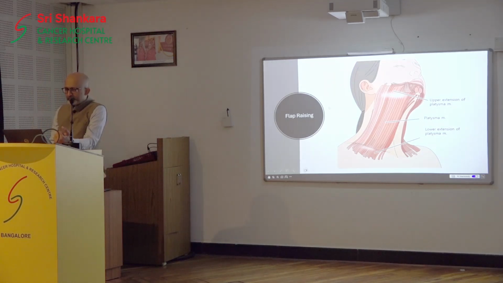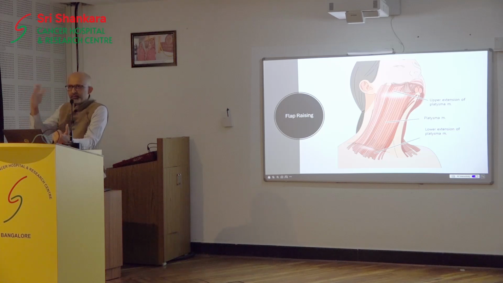Now let us look at the basic thing about the neck. One of the important structures in the neck is the platysma when you are doing minimal access, because that is your barrier between the skin and the dissection plane, just like when you are doing neck dissections.